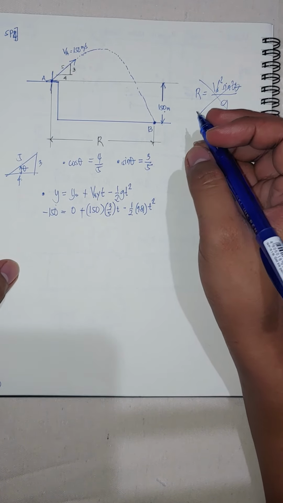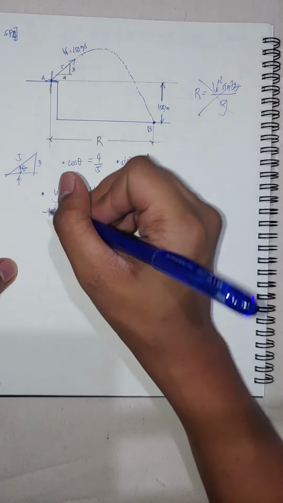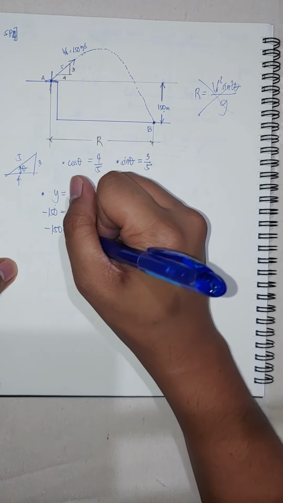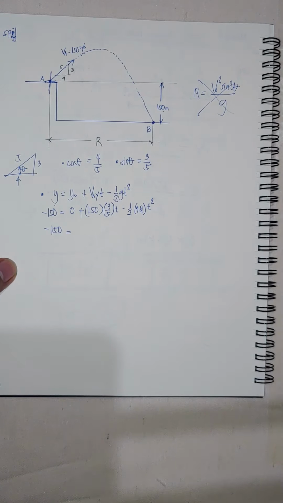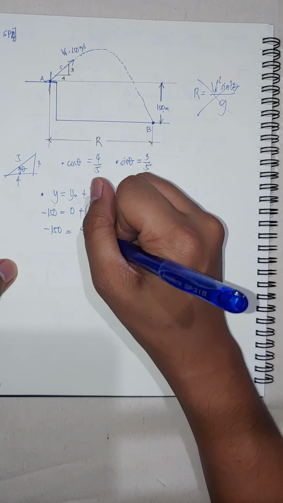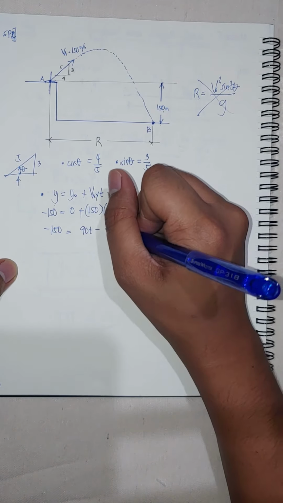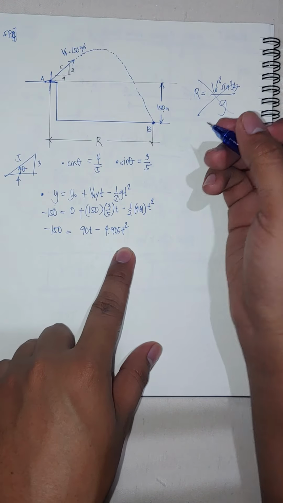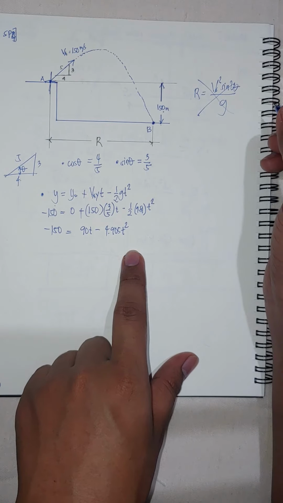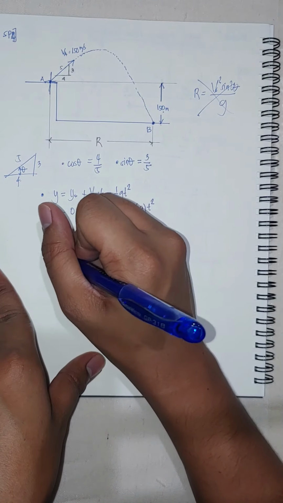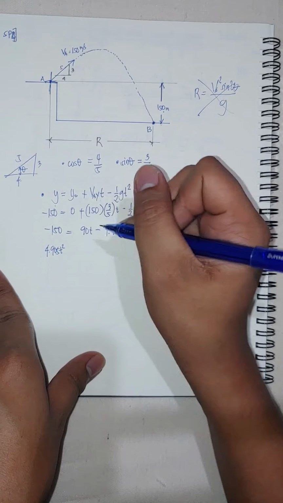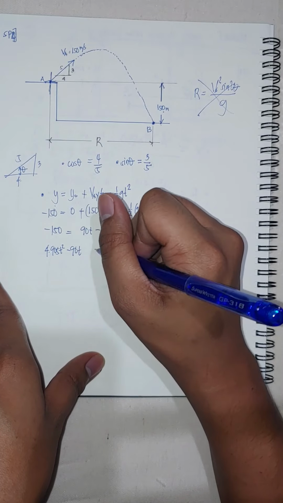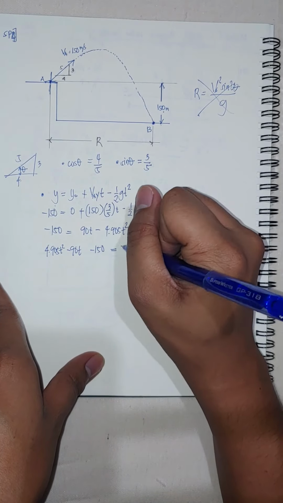Finally, simplifying the equation, we have negative 150 is equal to 150 times 3 divided by 5, that is 90 t, minus 4.905 t squared. Here we can rewrite this as a quadratic equation: 4.905 t squared minus 90t minus 150 is equal to 0.